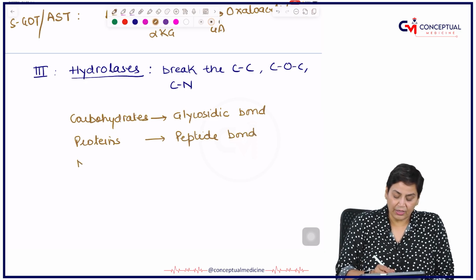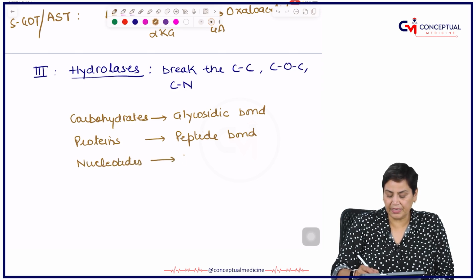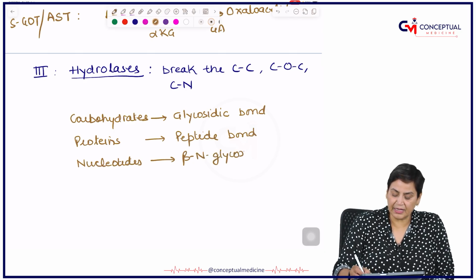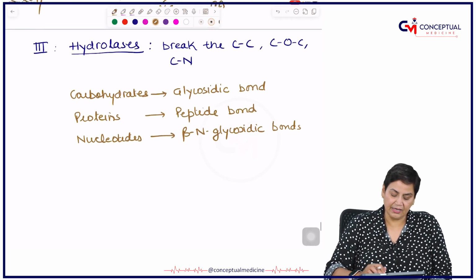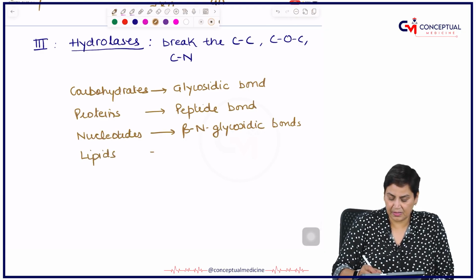If we talk about nucleic acids or nucleotides, N-glycosidic bonds and phosphodiester bonds, there are so many bonds like that. And if we talk about lipids or fats, lipase, an ester bond will be broken.